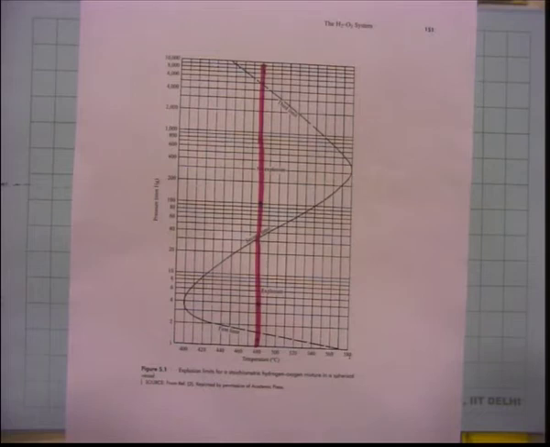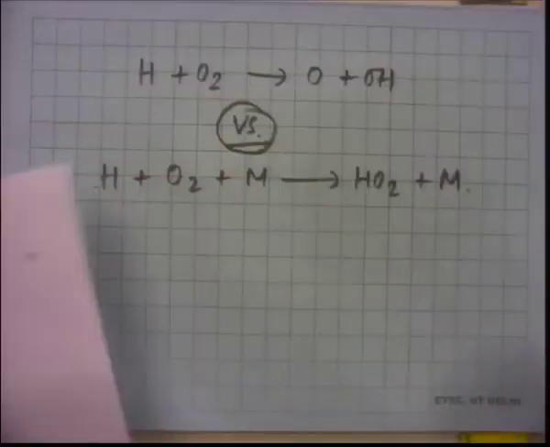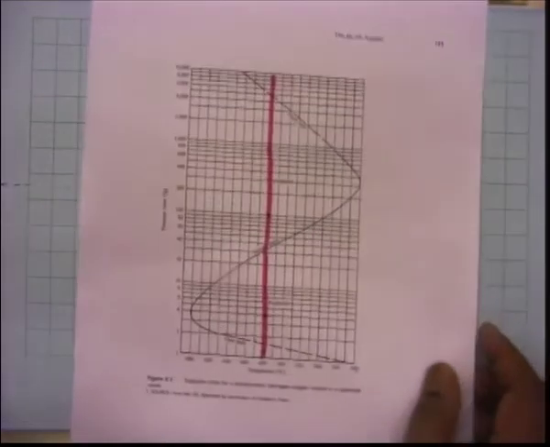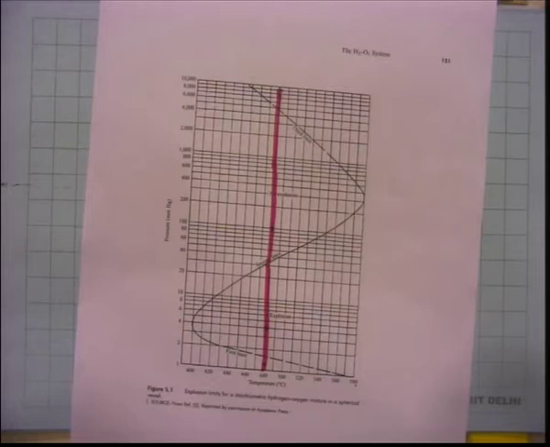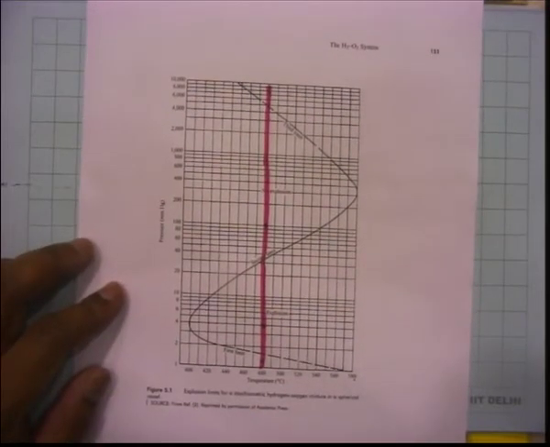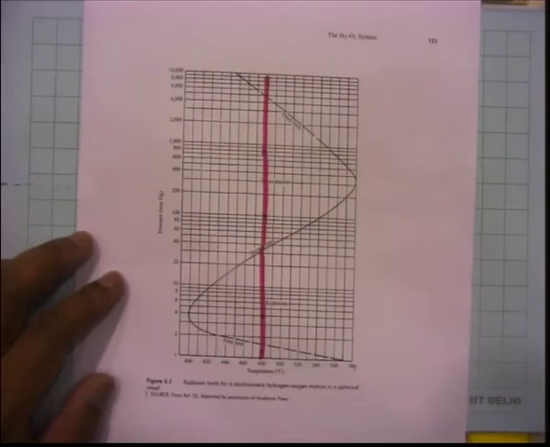And this reaction H plus O2 plus M is a 3 body reaction. Okay. So, since it has 3 bodies, its rate is more sensitive to pressure and it will increase faster if you increase pressure.